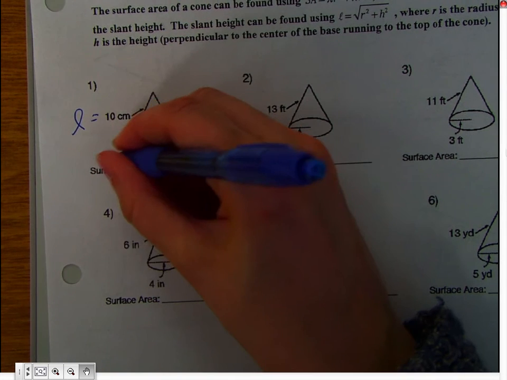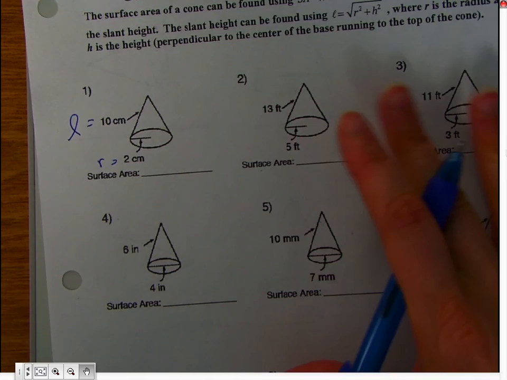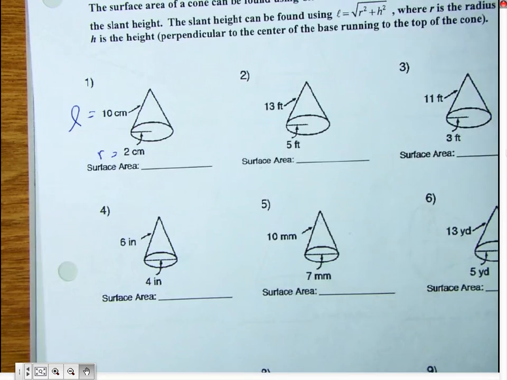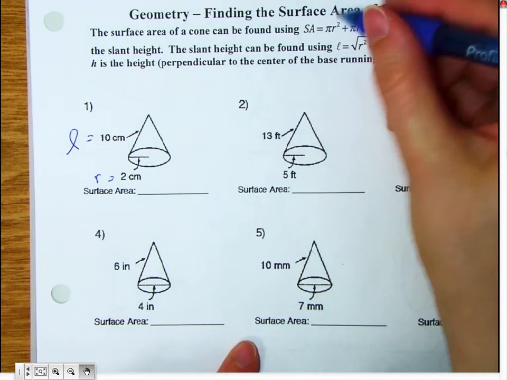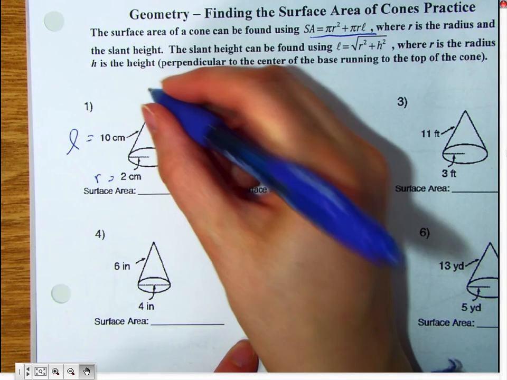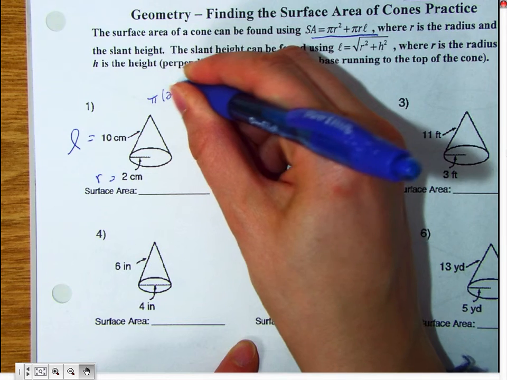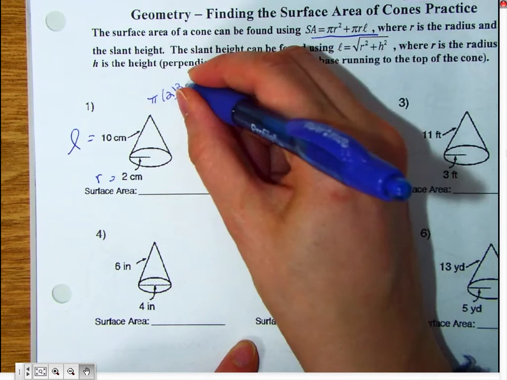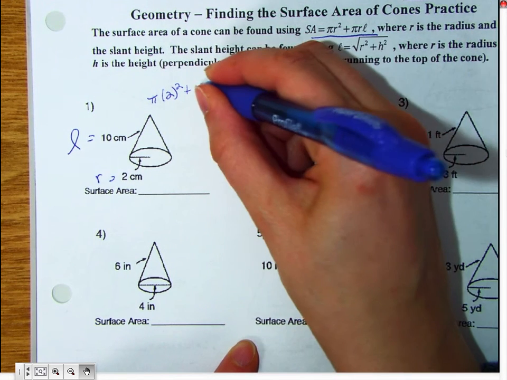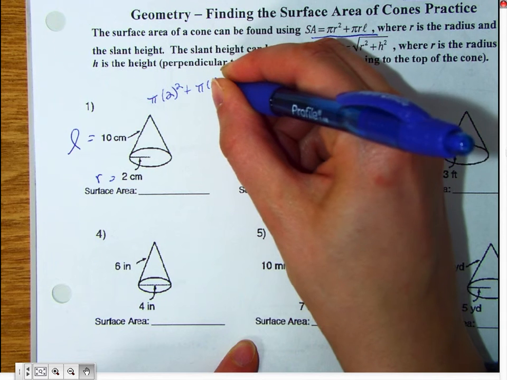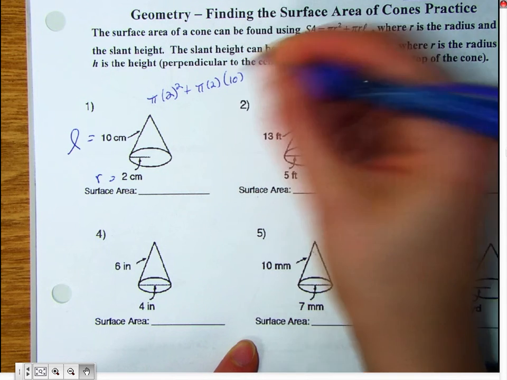I know 2 is my radius. Now I want to put it in this top formula right here. So I'm going to write pi 2 squared plus pi 2 slant height.